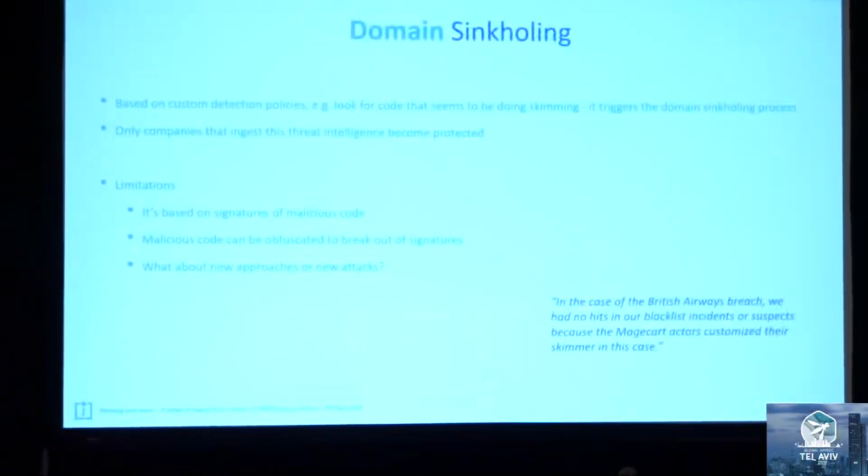The whole approach is based on signatures, which means that they're looking for things, and a lot of times, that fails. That was the case with British Airways. The attackers changed the skimmer code, and the signatures failed to detect this in real time. So eventually, they noticed, but they couldn't mitigate the attack.